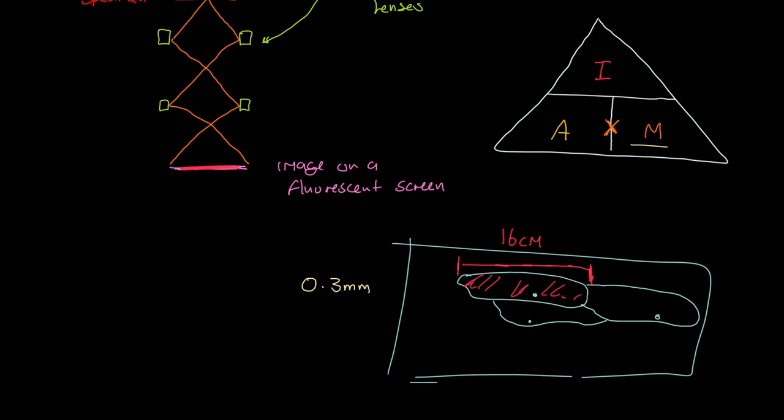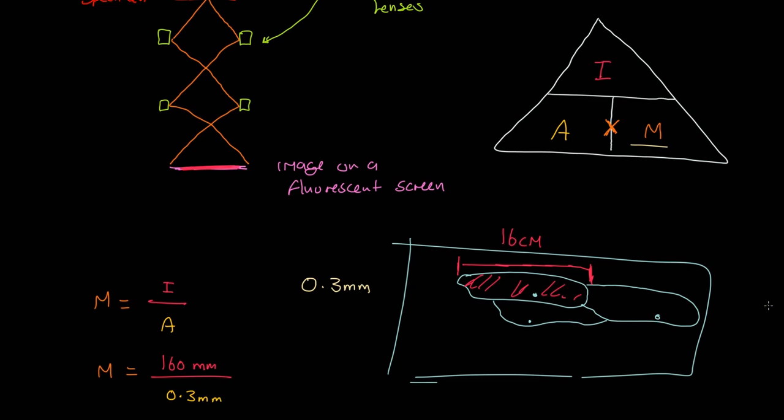Well, we would say, right, magnification equals, we know its image size, we know that is over actual size, okay? So we can now take magnification, and that's going to equal our image size, which for us is 16 centimeters, but we've got to make it millimeters. So let's make it 160 millimeters. We'll just put the units in for now, over the actual size, which is 0.3 millimeters.